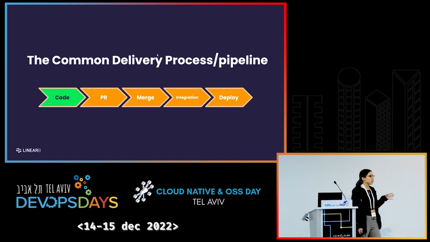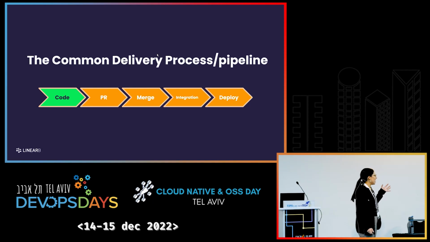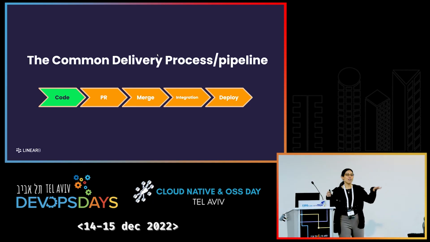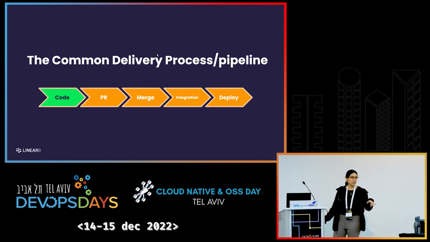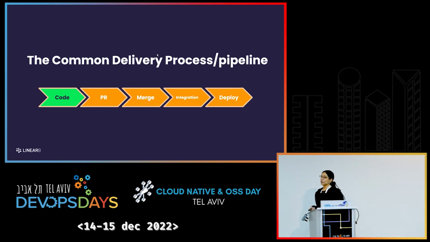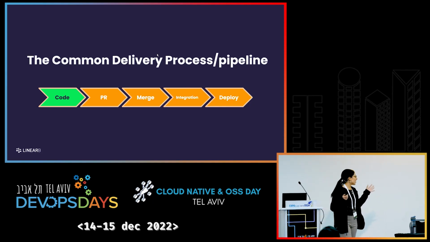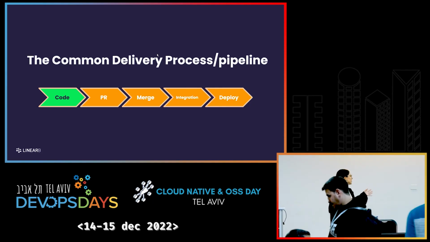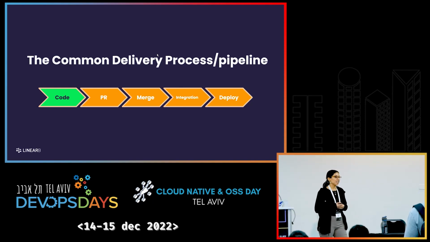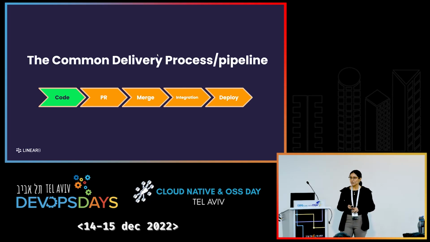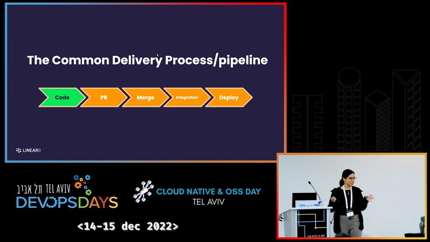Now, just to simplify the concept, I'm going to introduce the common delivery process. Not everyone shares the same process when they are delivering, but I'm going to introduce the most common one. Each thing that we want to deliver, a feature or a bug, starts with coding, right?